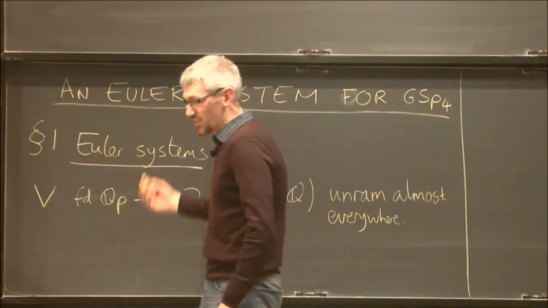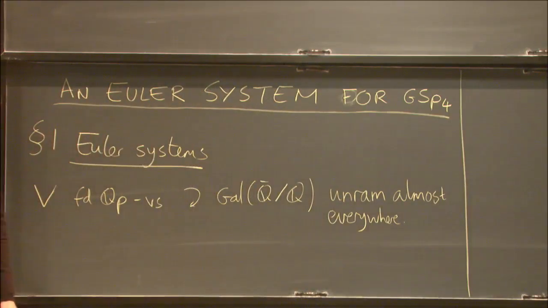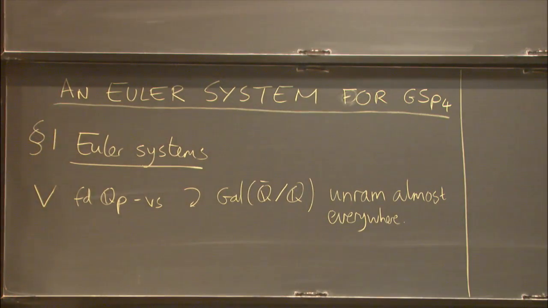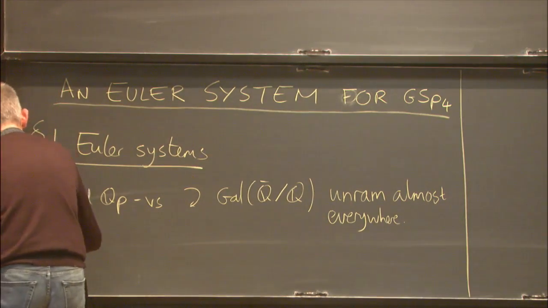So, for instance, the Tate module of your favourite elliptic curve, base extended to Q_p, would be an example. And we want to study the Galois cohomology of such representations.